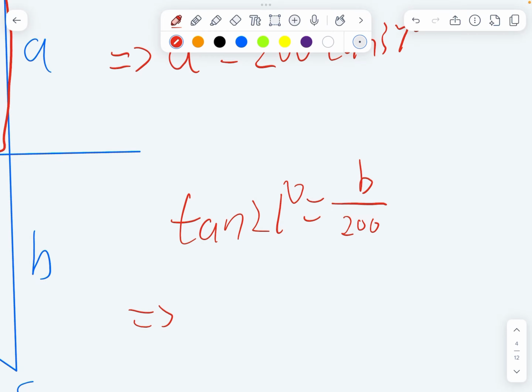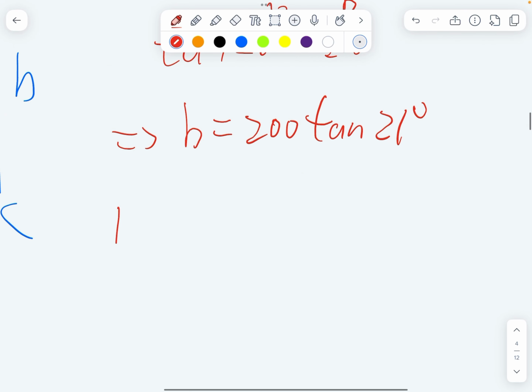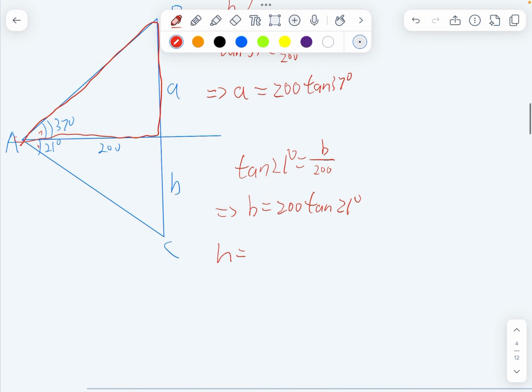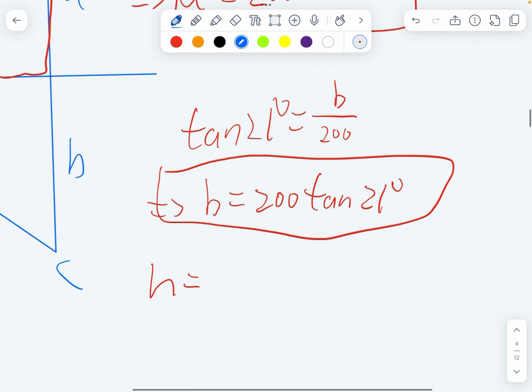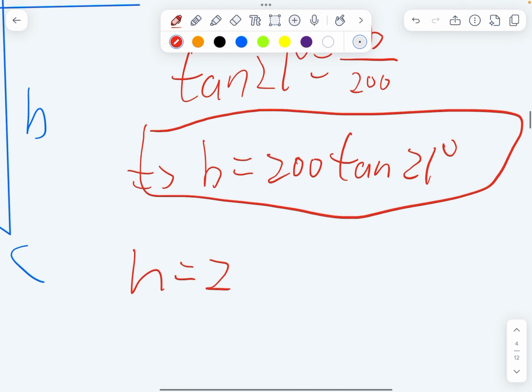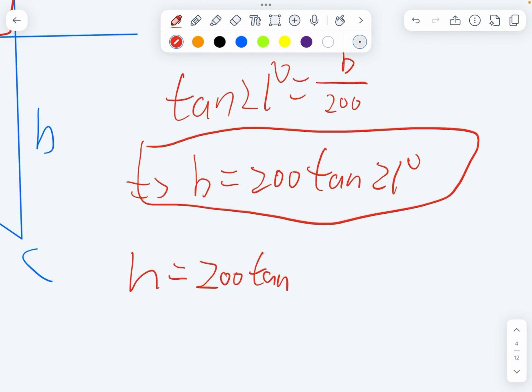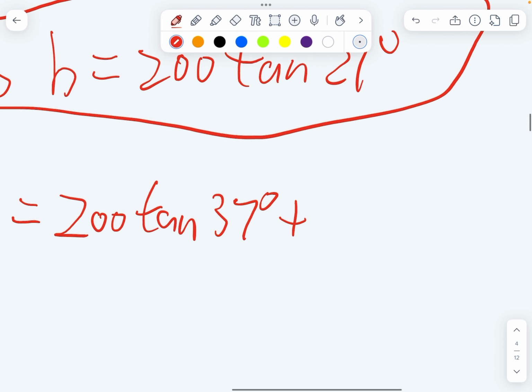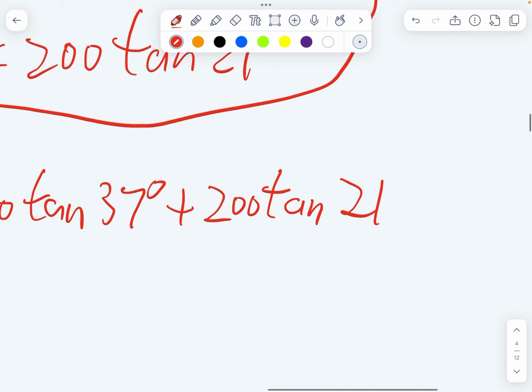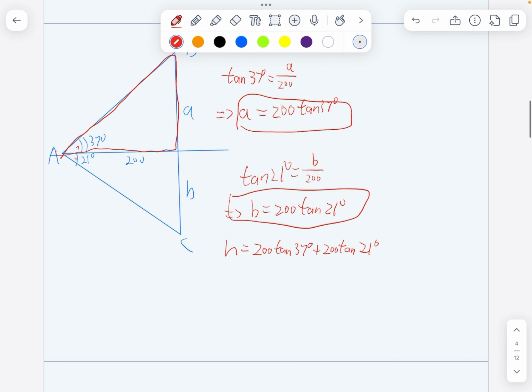So we can now get B equals 200 times the sine of 21 degrees. So now the height is equal to these formulas put together. That's the end of this video.